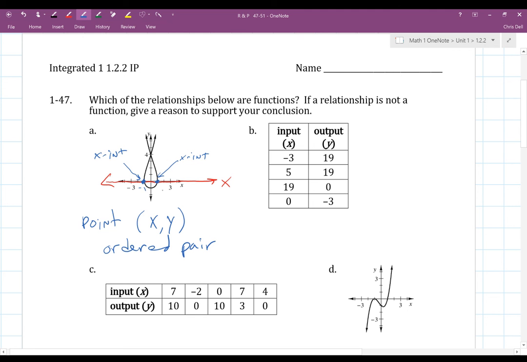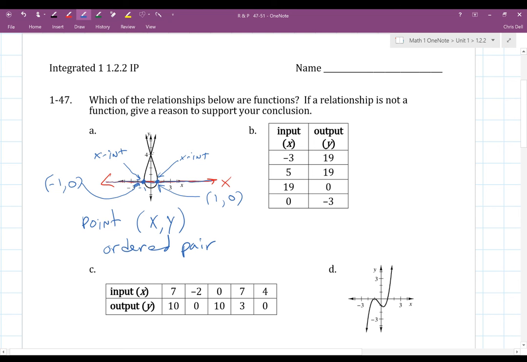So that ordered pair would be -1 comma 0. And the other one, the x is 1, so the ordered pair would be 1 comma 0. The y is 0 for both of those because it's along this axis. The value of y along the x-axis is always 0.